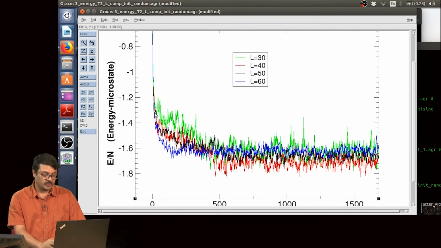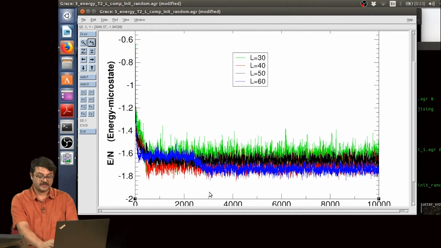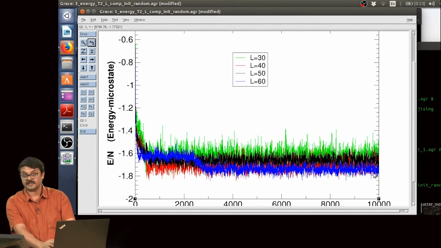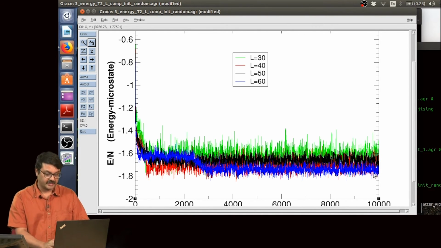For blue, which is for L equal to 60, it rapidly decreases, starts fluctuating about an average, but then we know already from this that actually it reaches some equilibrium value at around 2500, after which at least up till 10,000 iterations it does not seem to fluctuate much.